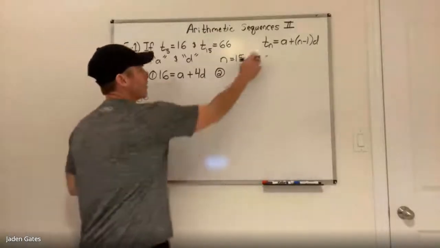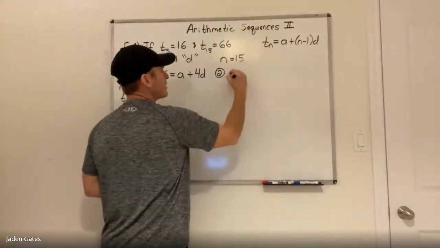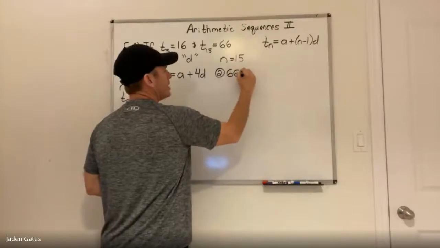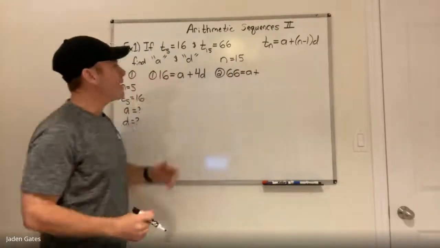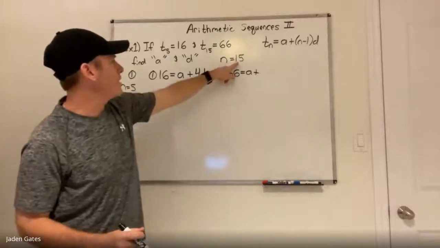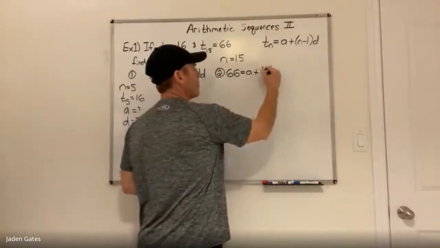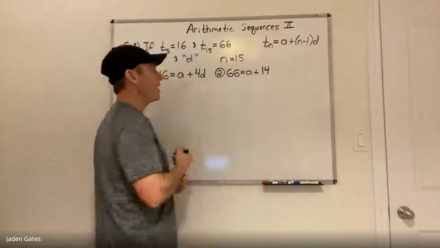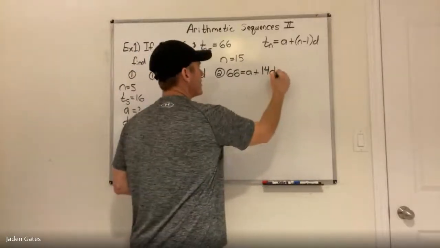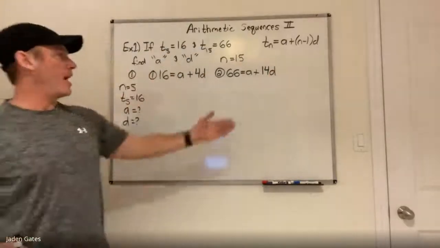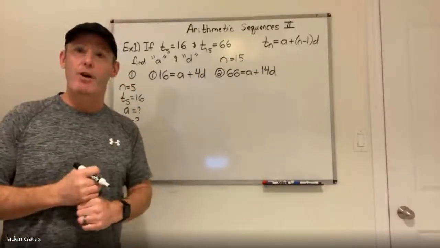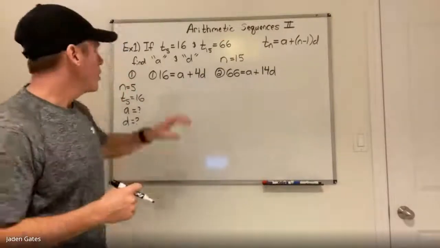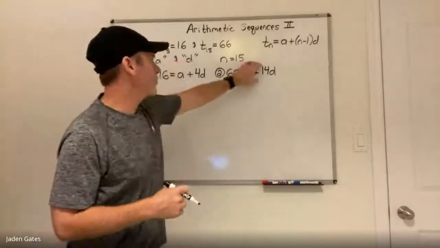So I end up with T15, 66, is equal to A plus N minus 1. Well, we're talking about the 15th term, so N minus 1 would be 14, 15 minus 1, times D. Again, I have an equation, but I don't know everything but one thing. But here's what we do have: 2 equations with 2 unknowns.